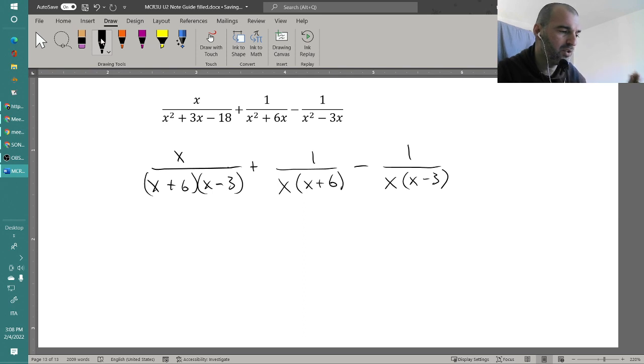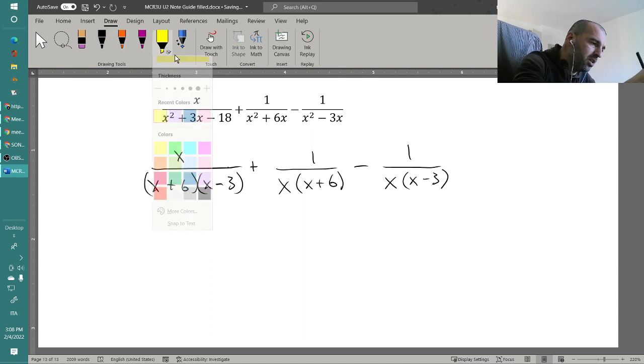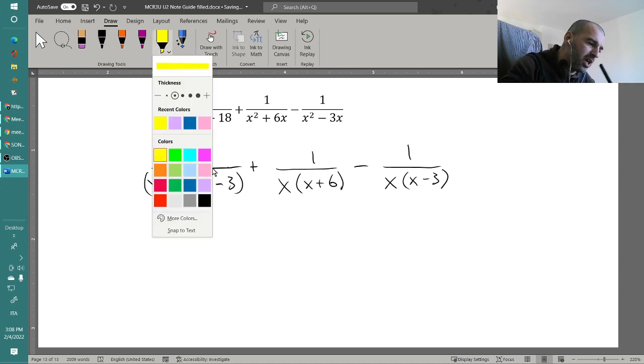And now, as you can see here, we've got several factors that are common in the denominators. So I'm going to highlight them.